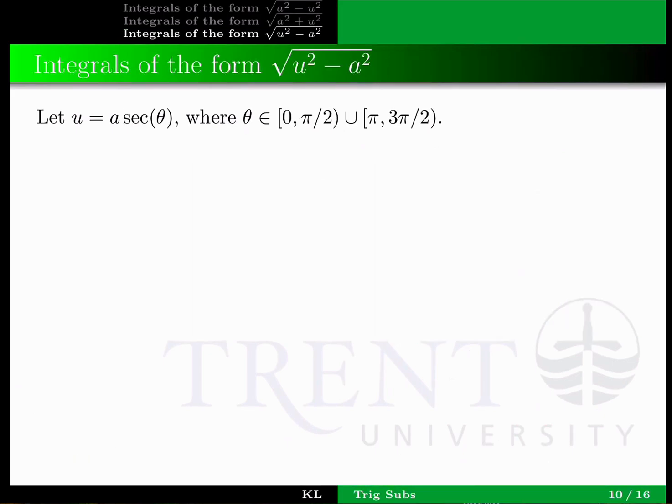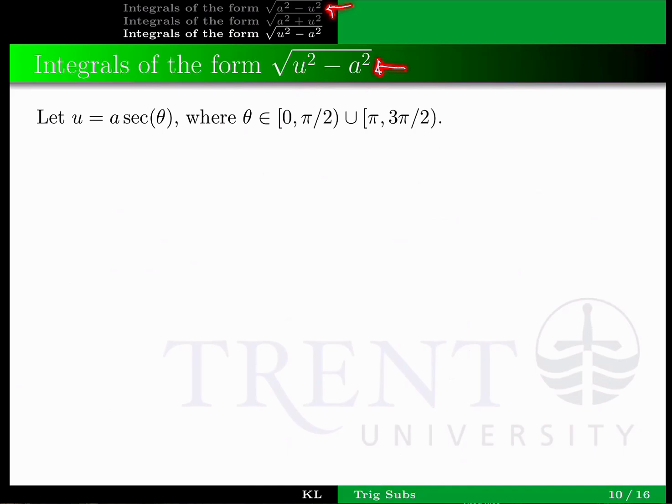Let us now move on to the next form. We got here u squared minus a squared. If you notice, the first form is a squared minus u squared. So the subtrahend in the first form is a function squared, while in here, the subtrahend is the constant.